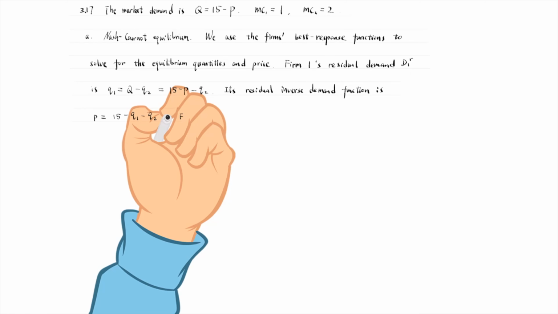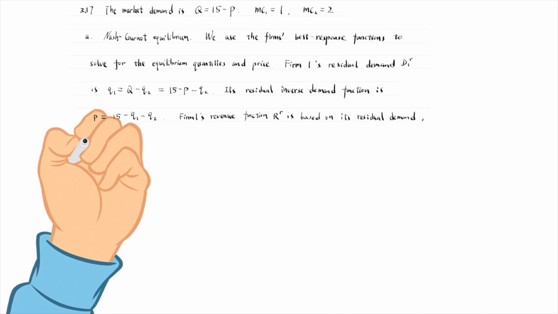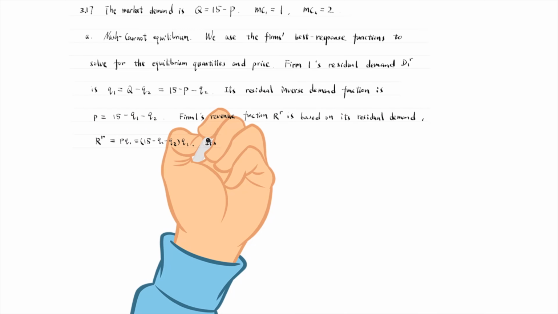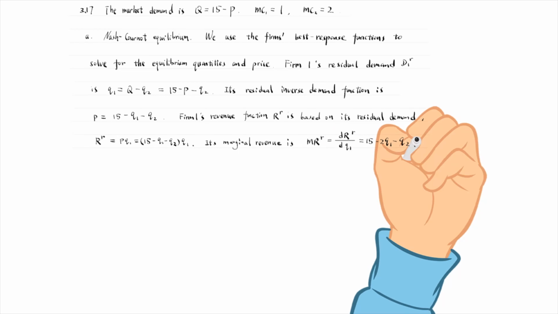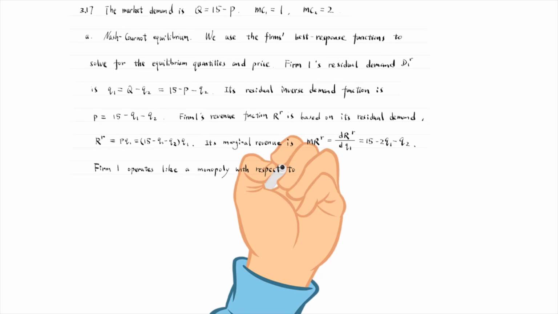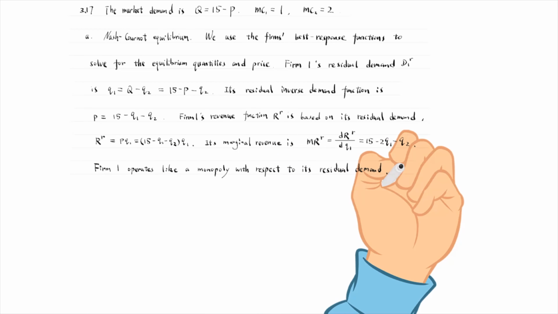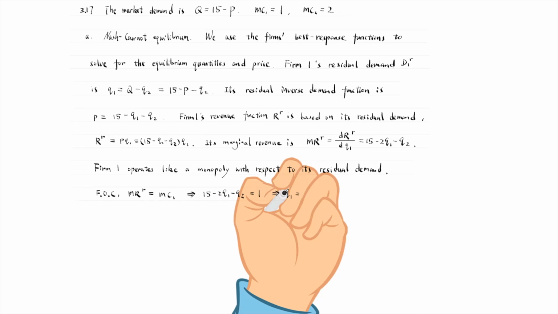Firm 1's revenue function R is based on its residual demand, which equals price times its output Q1. Its marginal revenue is the derivative of revenue with respect to output. An oligopoly firm operates like a monopoly with respect to its residual demand. The first-order condition for profit maximization is marginal revenue equals marginal cost.